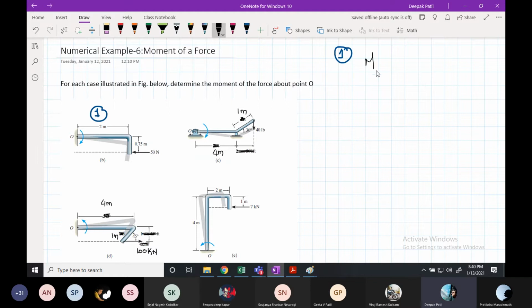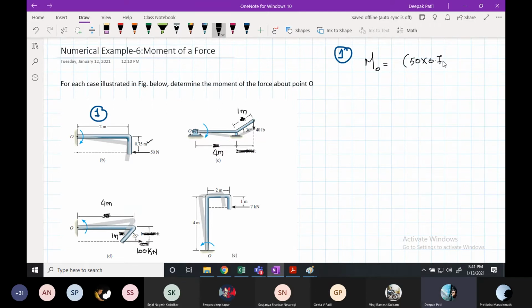In the first case, what should be the moment at O because of this 50 kilonewtons? 50 into 0.75. Yes, simple. 50 into 0.75. Because if you extend the line of action of 50 kilonewtons, you can see this is the extended line of action, and you measure the distance from point O to the line of action. So this distance is given as 0.75. So it is simply 50 into 0.75.